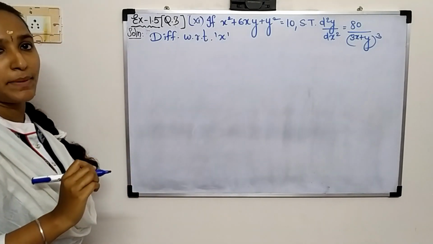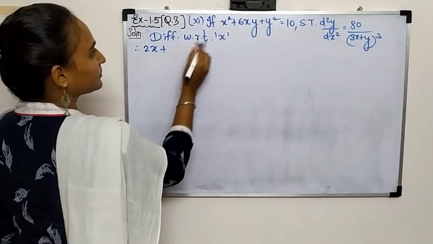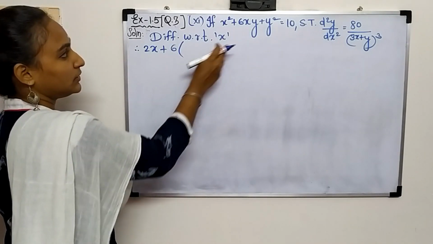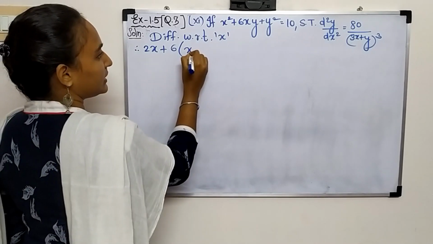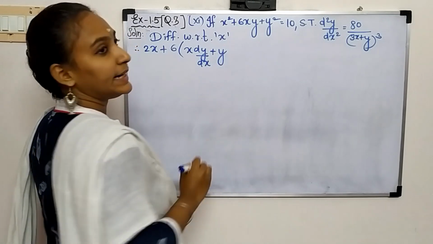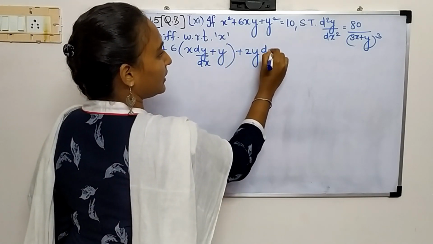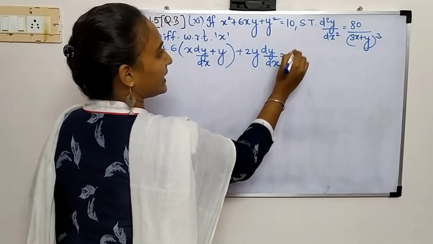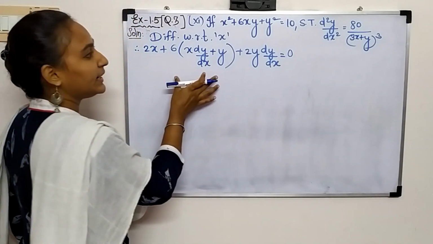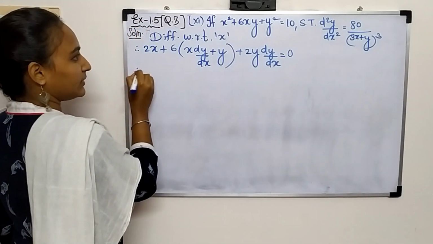Okay, differentiate with respect to x first. Therefore 2x plus, this is a product, so write it in a bracket, this is x dy by dx plus y. Derivative of x is 1, plus 2y dy by dx. Derivative of 10 is 0. Now collect the dy by dx terms on one side, other terms on the other side.